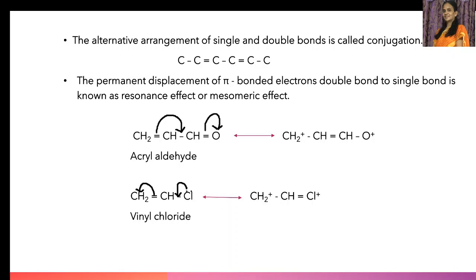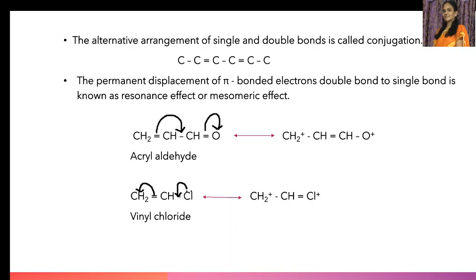This pi bond electrons transfer towards this C-C single bond. Then we get a double bond over here, and this carbon suffers a positive charge, and the pi bond electrons between carbon and oxygen are shifted towards oxygen. Thus, this oxygen gets a negative charge. So, this is acrylaldehyde, where we can observe this mesomeric effect.